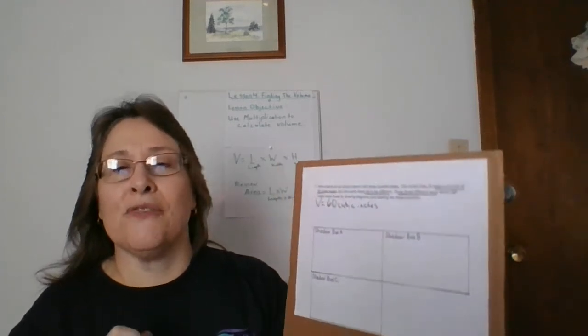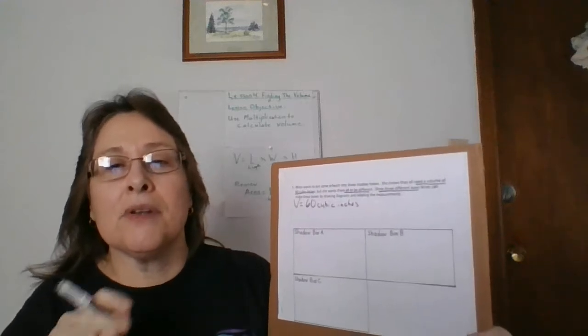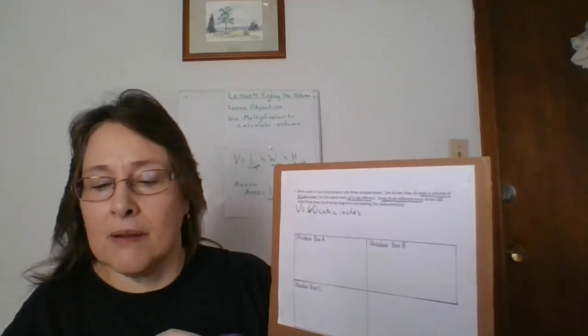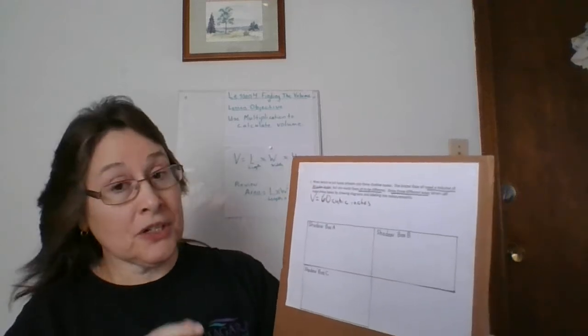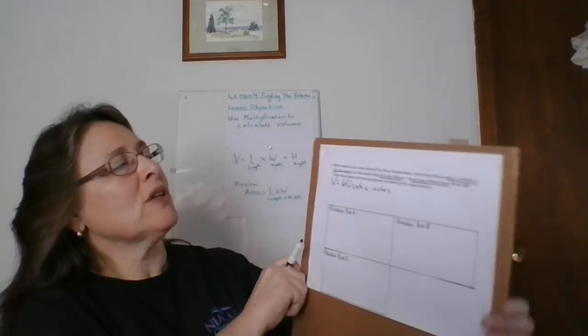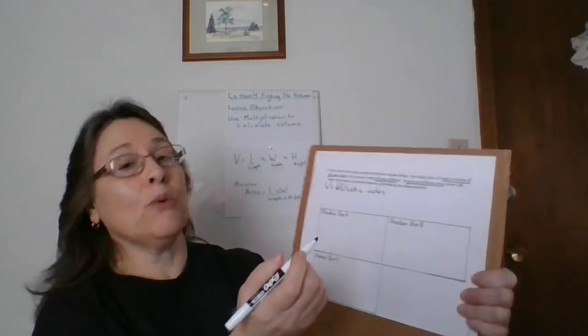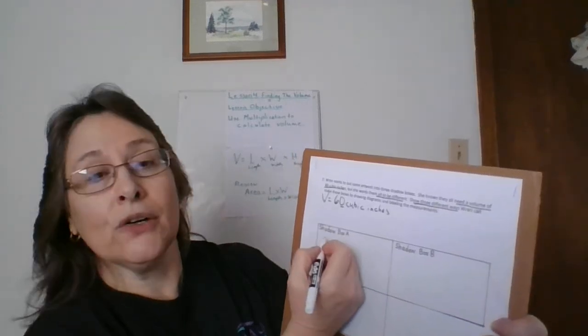So what is a factor? A factor is a number times a number that will give me 60. So let's think. What possible factors does 60 have? 60 has a lot, but we only need 3. So let's start off with an easy one. I know that 60 ends in a 0.